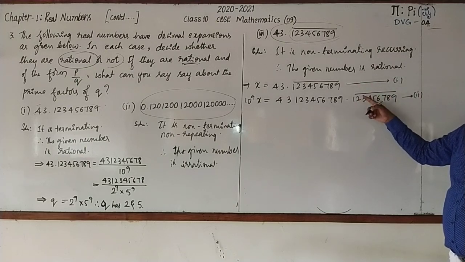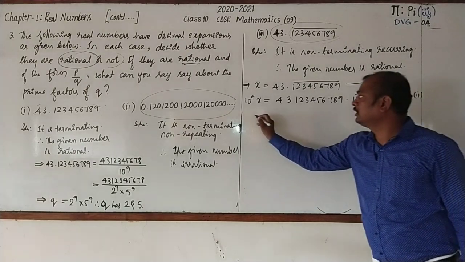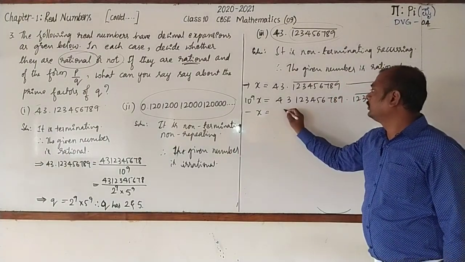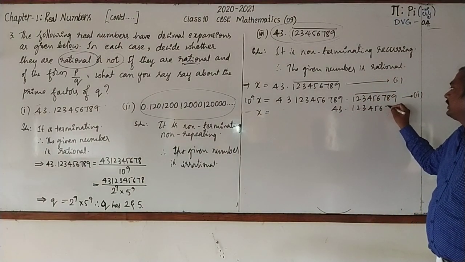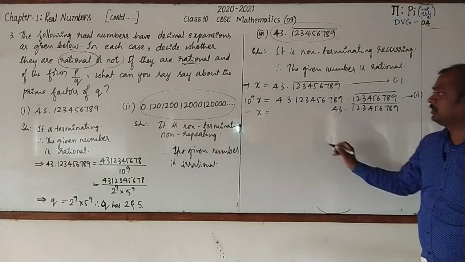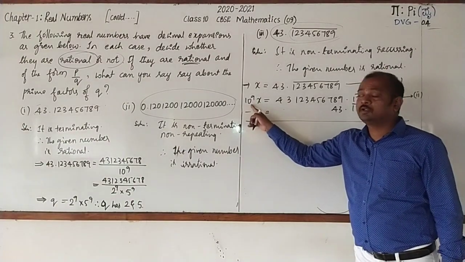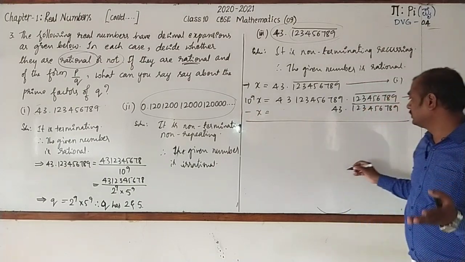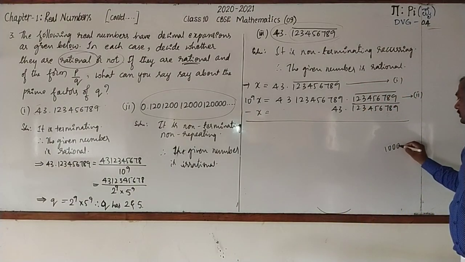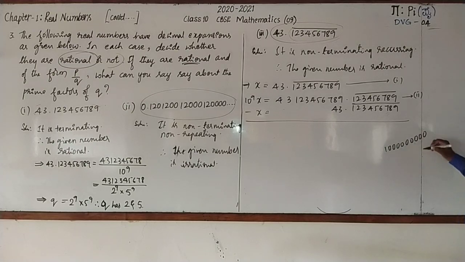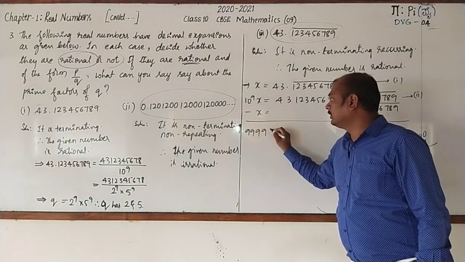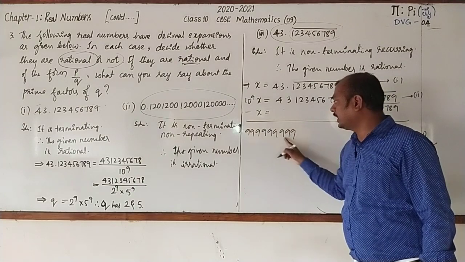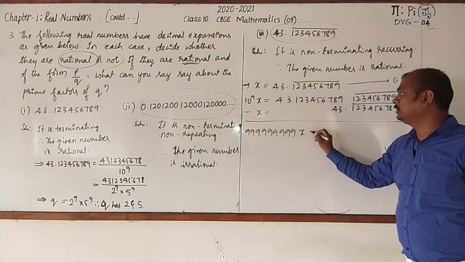Subtract statement 1 from statement 2, then I can write x is equal to 43.123456789 bar. On subtracting, see that 10 raised to the power 9, that is 100 crore. One should be subtracted. How much will you get? It is 9. How many times? 9 times. You will get 9 into x.